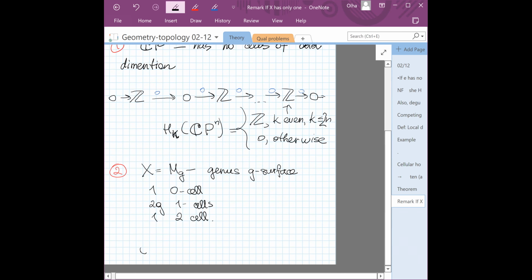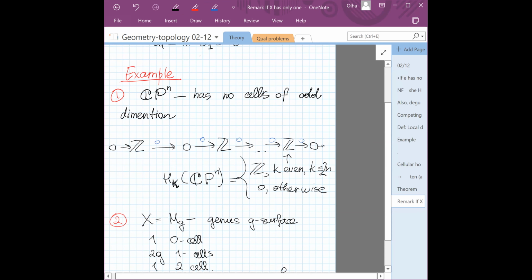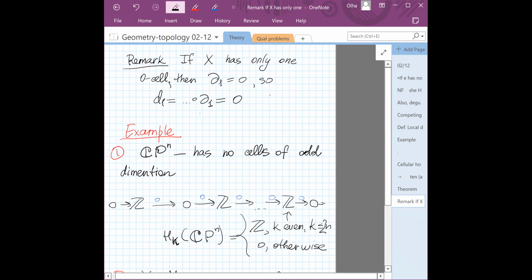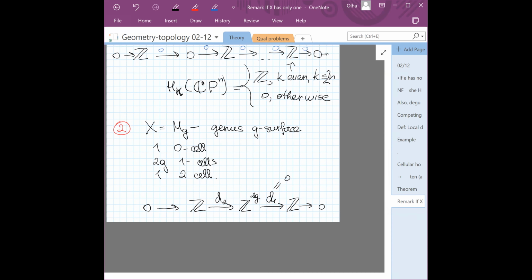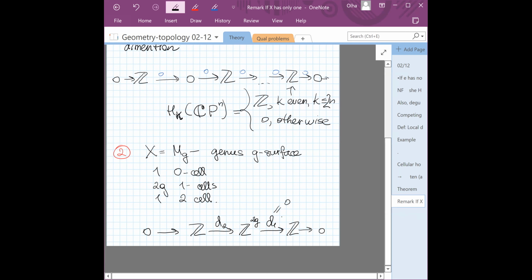That is going to mean that our sequence is going to be this. So we know again that D1 is equal to 0 just because of this remark over here. We have only one 0 cell, which means that our last map D is going to be 0.